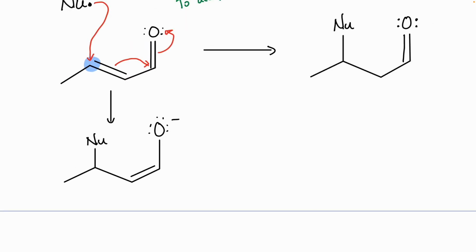All right, we have a name for these. What are these in our alpha carbons chapter? It's an enolate. All right, and the next step will just be to protonate that enolate.